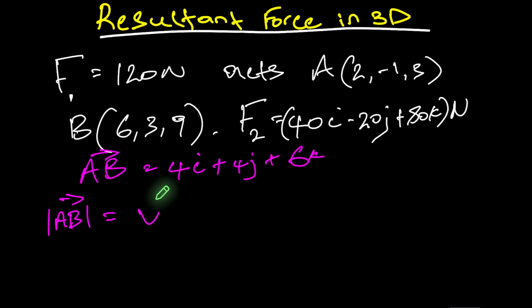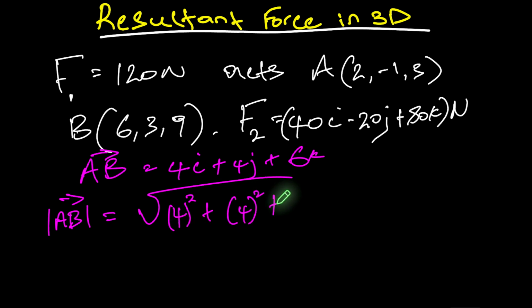We take the square root of the coefficients of i, j, and k, squared and added together. So we have 4 squared for the x part, 4 squared again for the y part, and 6 squared for the z part.